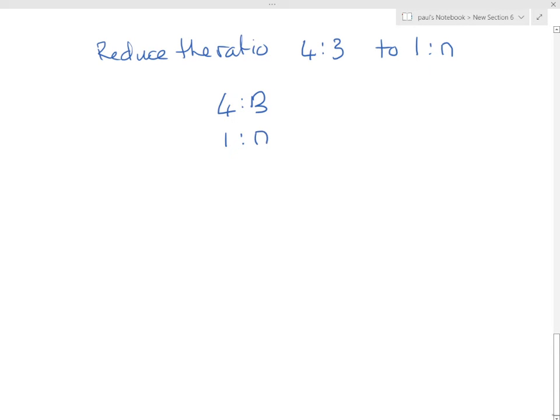Now, you will always use the number above the 1, whether it's the other way around or not. So to get from 4 to 1, you divide by 4. You divide by this number above the 1. So to get from 3 to n, we must do the same thing and divide by 4. So 3 divided by 4 is that. There's your answer.